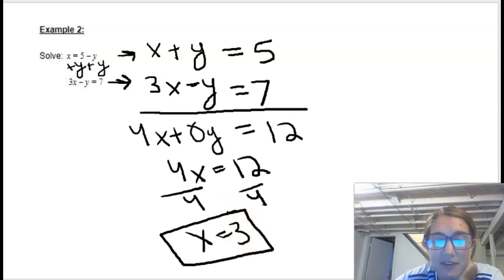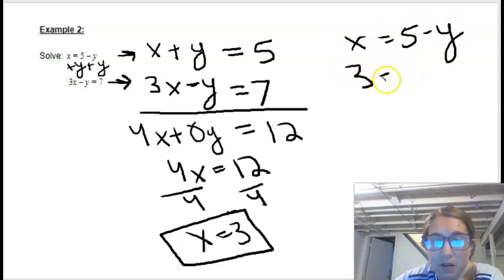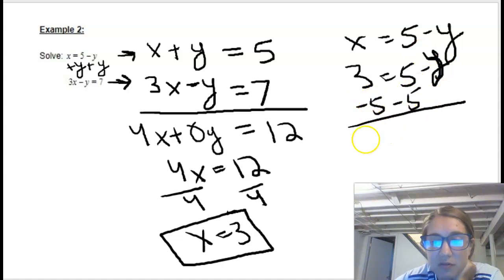So I know my x value. I still need my y value. So I'm solving for my y value.